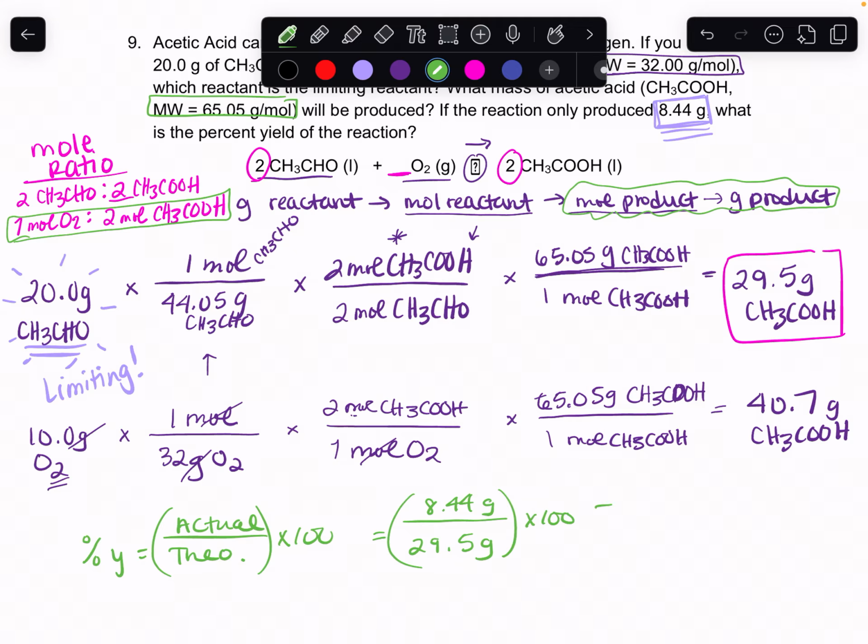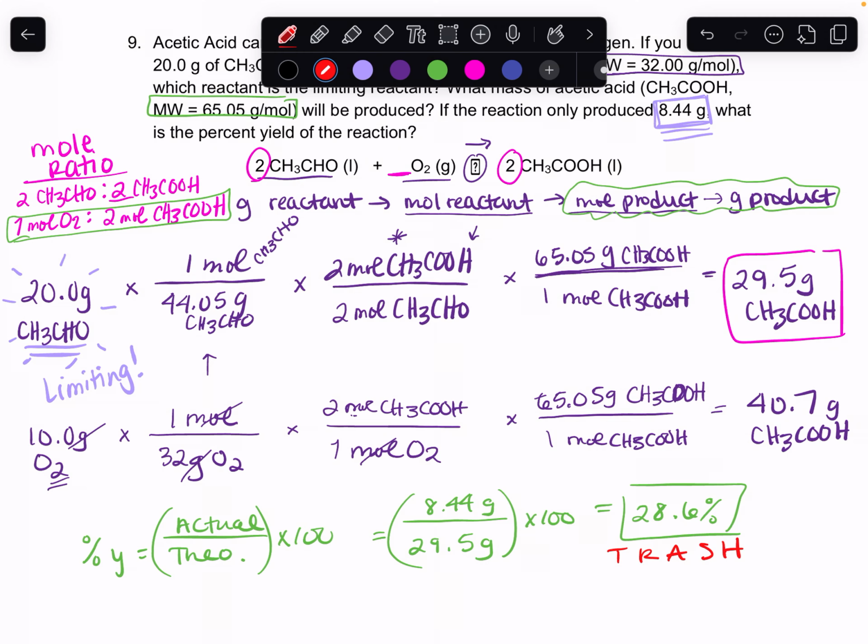And I'm going to multiply that all by 100. And again, I don't have the answer key in front of me, so just give me a minute. Okay, looks like I get a 28.6% yield. That is absolute and utter trash. But that's okay, because all of the math is correct.